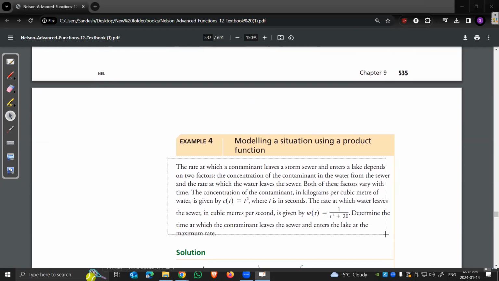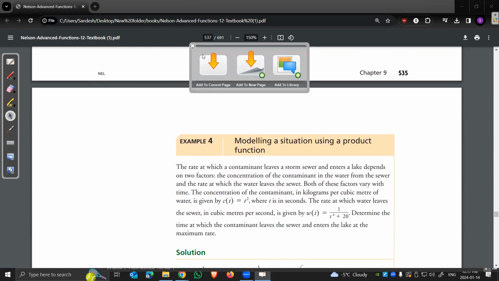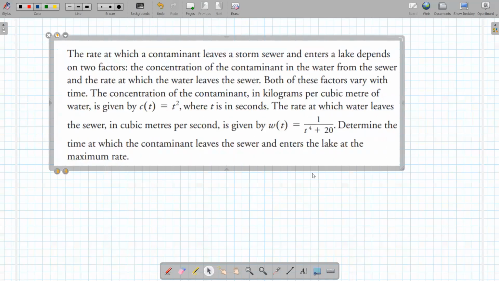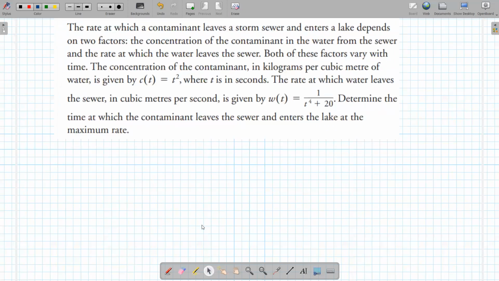This question looks difficult. But how hard could it possibly be? All right, so we're given the concentration of some contaminant, C of t, where C is the concentration, t is time. And then we're given the rate at which the water leaves the sewer in cubic meters per second.